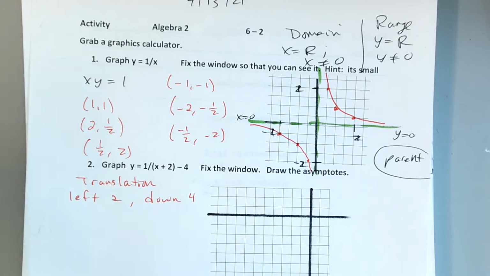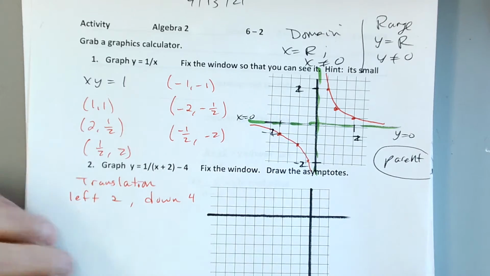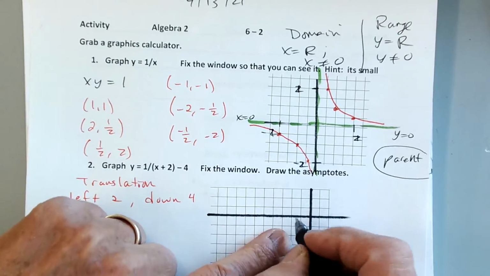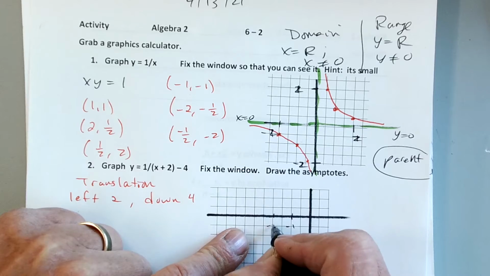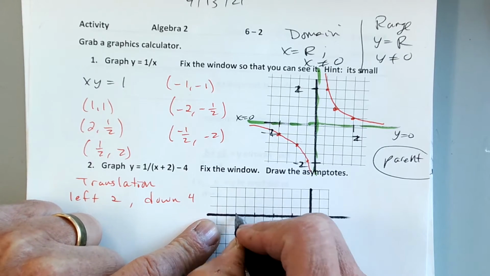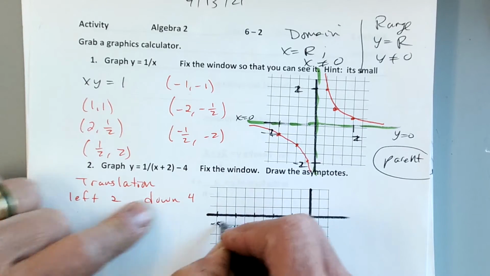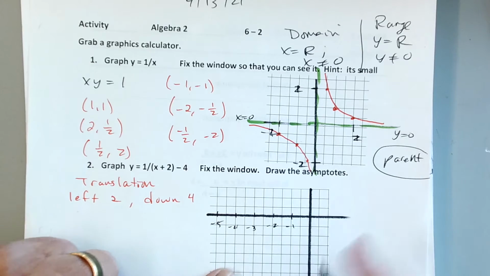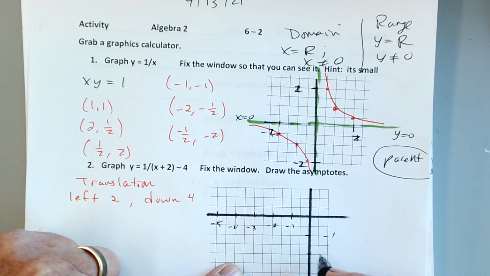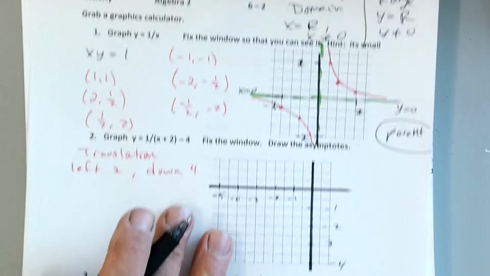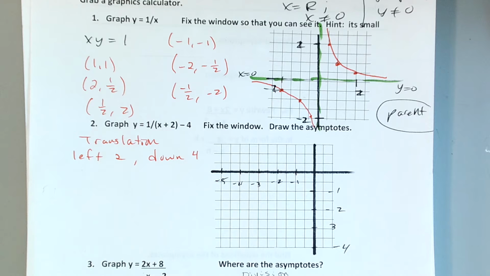And I'm going to go -1, -2, -3, -4, -5, because I got to go left 2, and I'm going to go -1, -2. And I still might not even have the whole thing fit in here, but that's okay. I'll just squeeze it in.